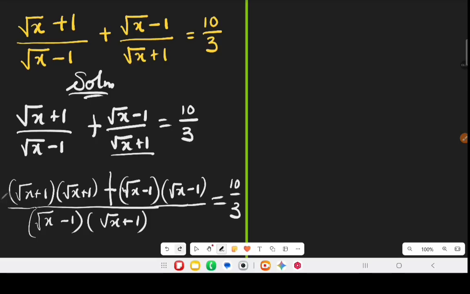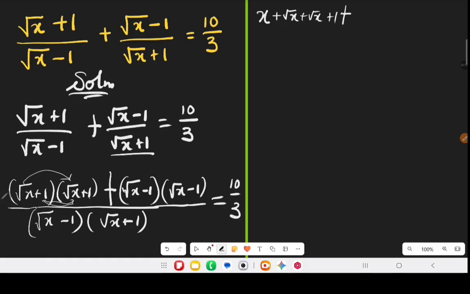Now, let's multiply the numerator. We start from here. Root x times root x gives us x. Then root x times 1 gives us plus root x. 1 times root x gives us another plus root x. Then 1 times 1 gives us plus 1.